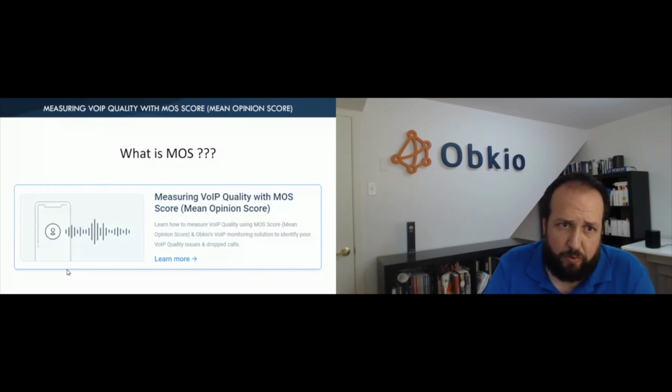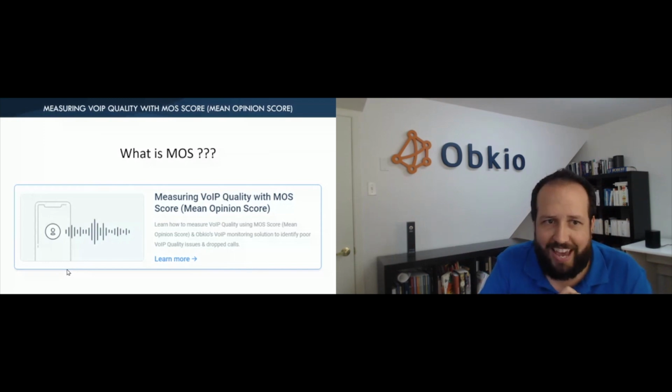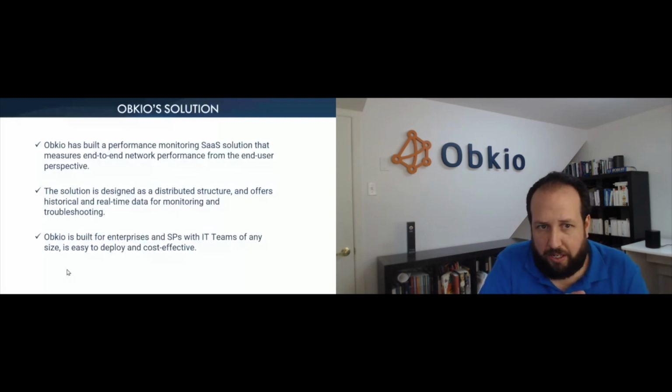To deep dive, Obkio has built a performance monitoring SaaS solution that measures end-to-end network performance from the end user perspective. The way we do that is we deploy agents in different remote locations, and agents communicate together, sending each other synthetic packets or synthetic traffic, which we then measure.